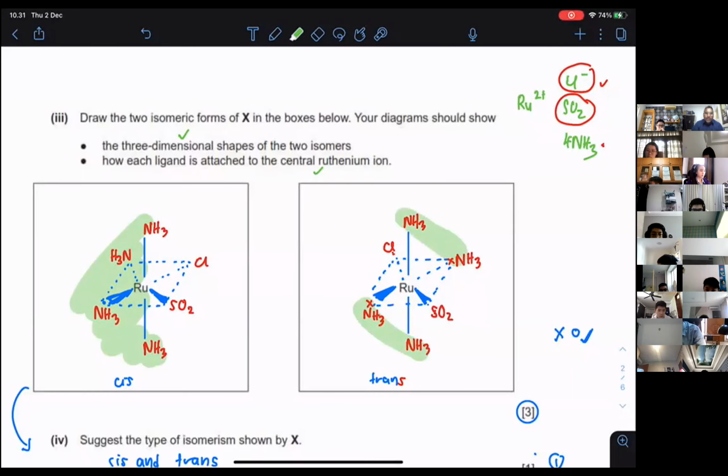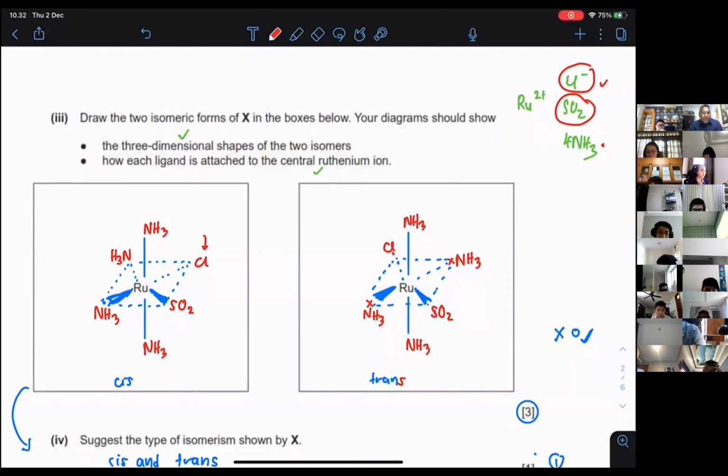Yes, hold on, to answer that question in the chat. Frederick, sir, in the cis bracket, can I write NH3 in Cl position? You mean here you put NH3? Am I correct, Frederick? Cannot.